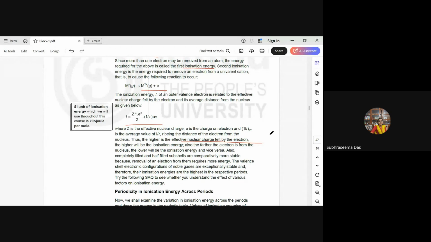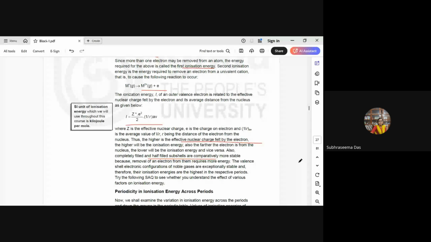Also, completely filled or half filled orbitals are more stable, and thus removal of electrons from completely filled or half filled subshells requires more energy. These are some of the cases that determine the ionization energy.